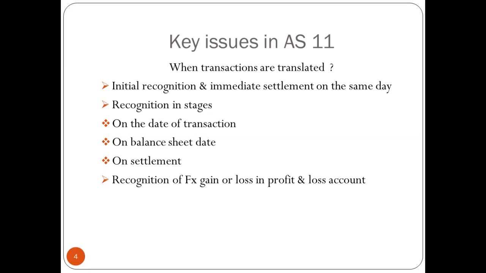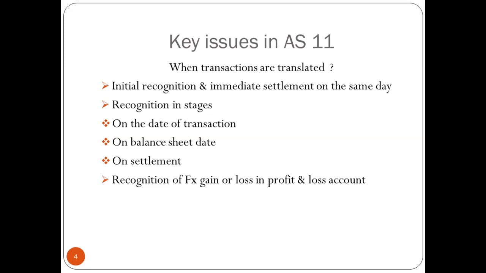Now, whenever you recognize the transactions in foreign currency and whenever translation happens, there is a possibility of foreign exchange gain or loss. Why should we have this foreign exchange gain or loss? The reason is very simple. Today you exported the goods worth 1 lakh dollars. Today's rate of dollar is 72 rupees per dollar.